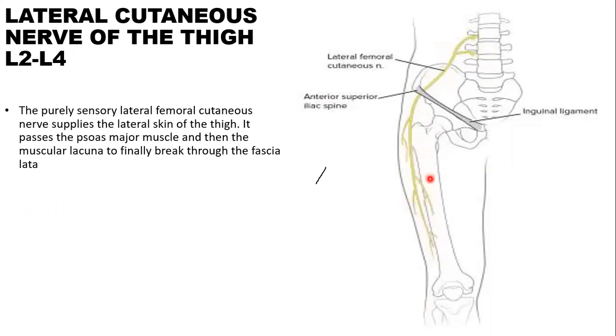It will pass the psoas major muscle, then pass through the muscular lacuna to finally break through the fascia lata. So that's the nerve there, going like that. Then basically it's going to supply the skin on the lateral aspect of the thigh.